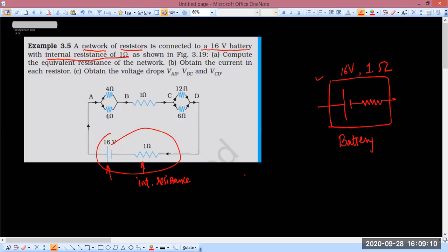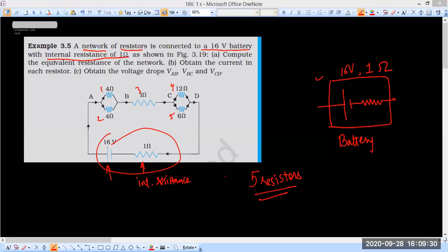So actually only 5 resistors are connected. 1, 2, 3, 4, and 5. Only 5 resistors are connected. Okay, now let's start solving this.